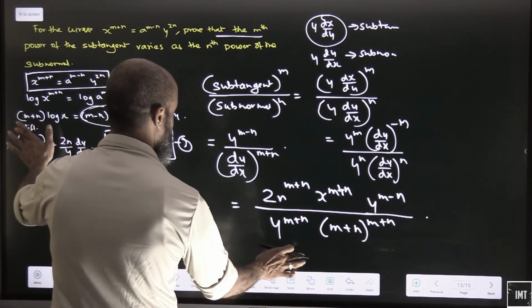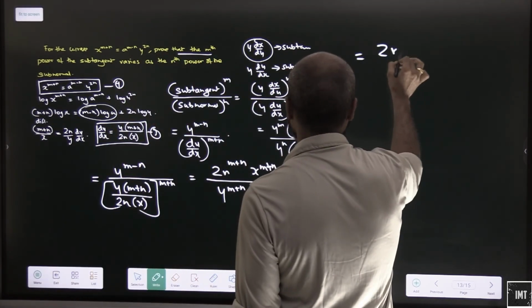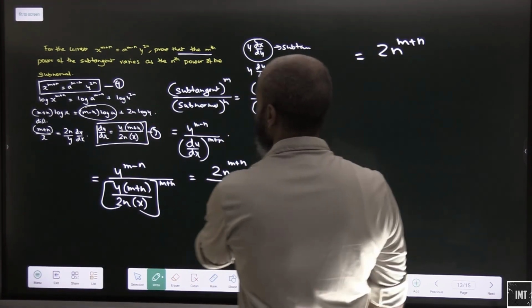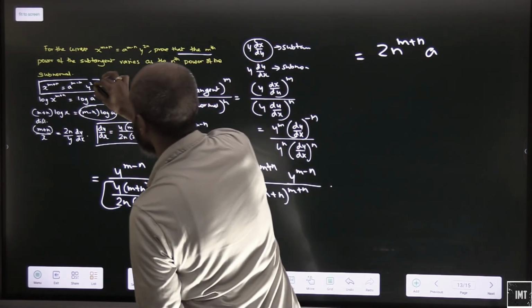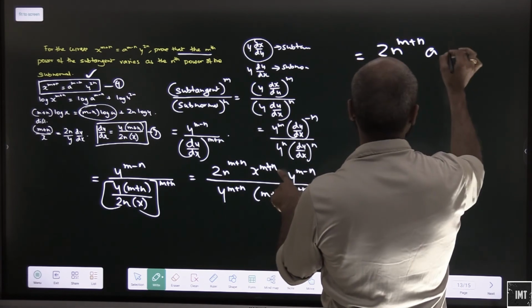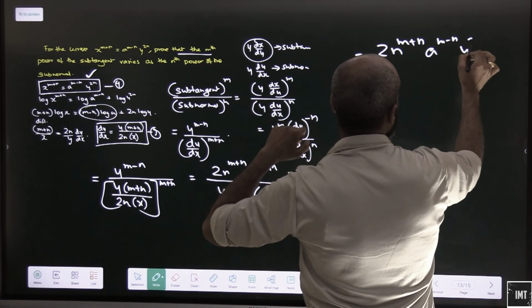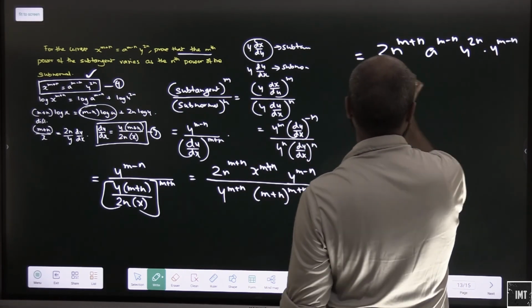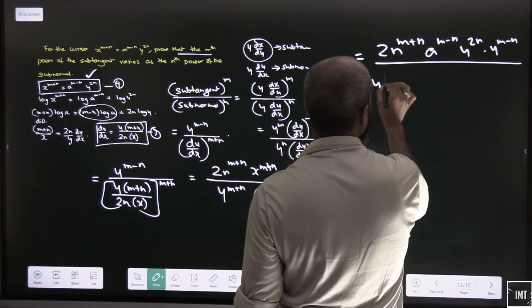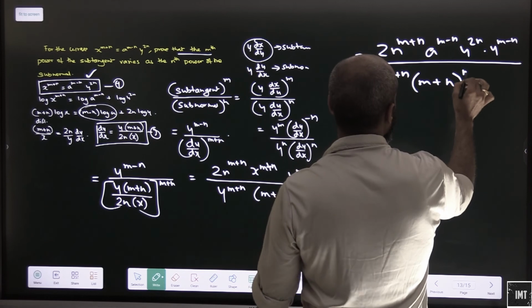So let's do this, okay. So here we have 2n to the power m plus n, x raised to m plus n can be written as, see from this equation, x raised to m plus n can be written as a to the power m minus n into y raised to 2n, and here we already have a y raised to m minus n. Here down we have y to the power m plus n into m plus n raised to m plus n.